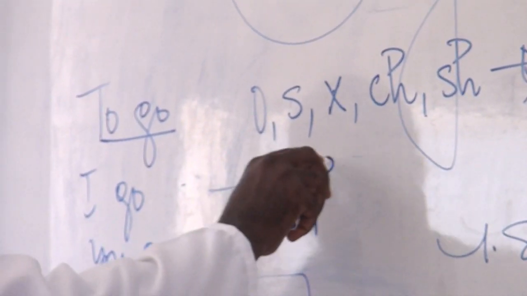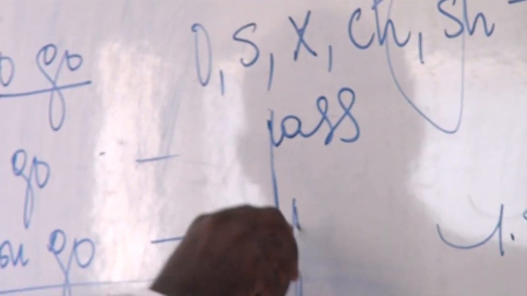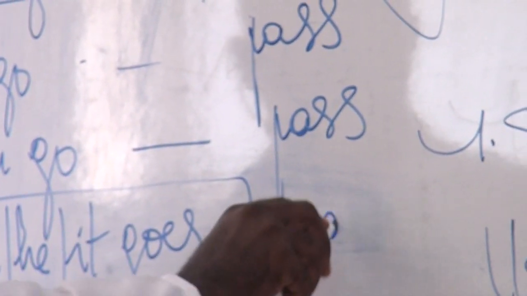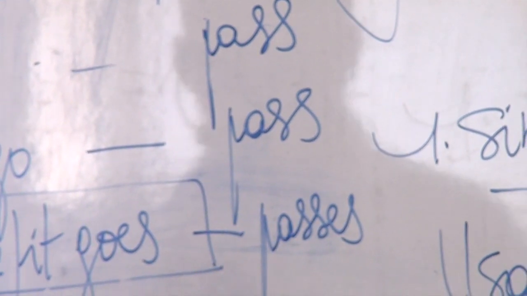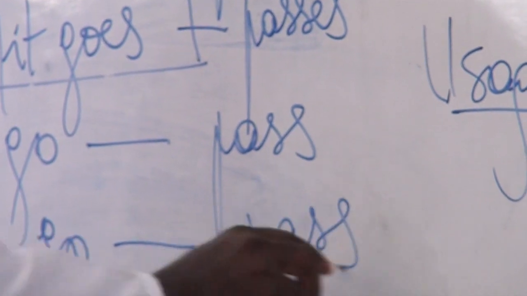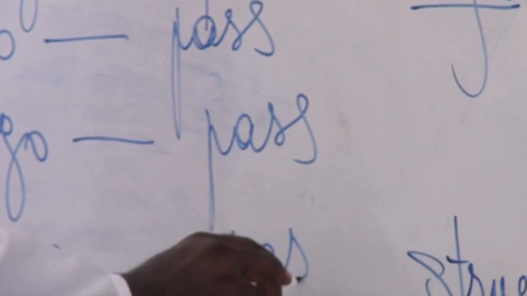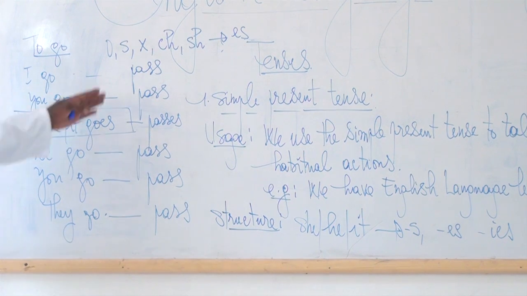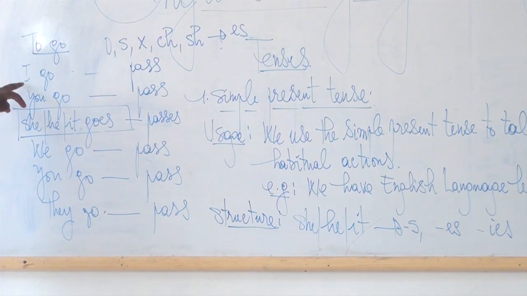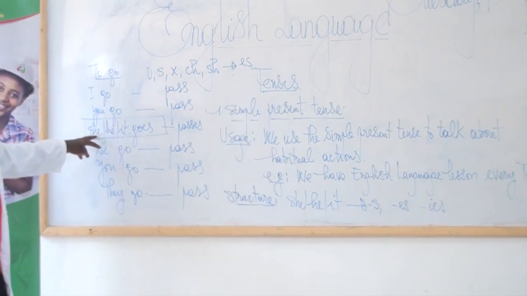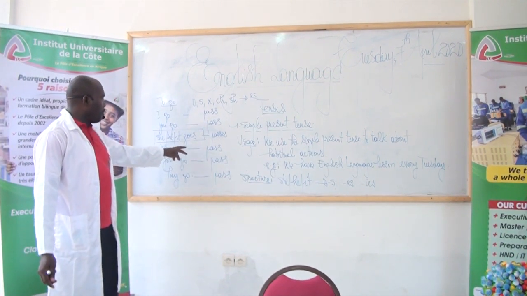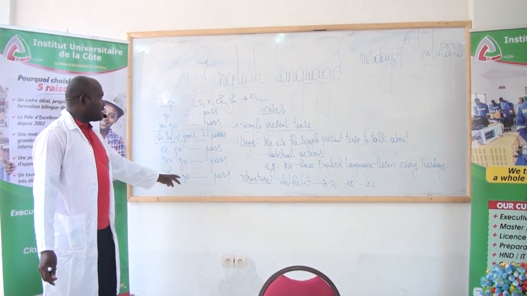I pass, you pass, she or he or it passes, we pass, you pass, and they pass. Another example with the verb to box: I box, you box, she or he or it boxes, we box, you box, and they box.